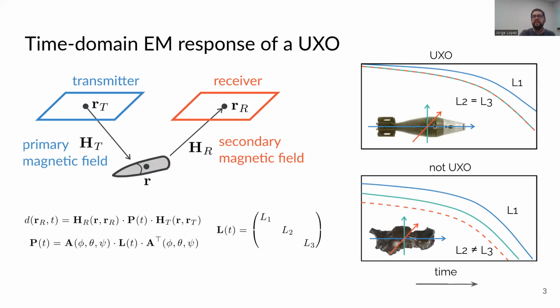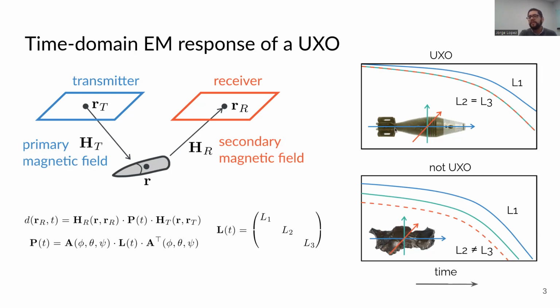The UXO is axially symmetric. We have this long axis, which has an associated electromagnetic decay, parameterized here as a polarizability, L, which is time dependent.